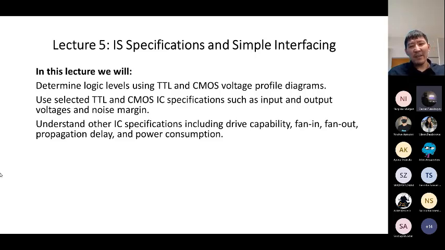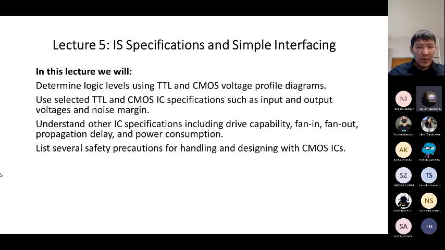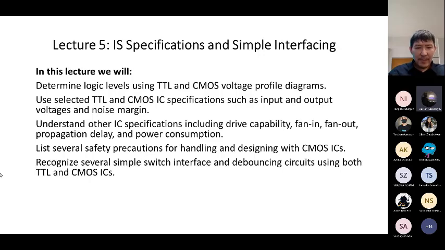It means how much current it can take in and how much current it can deliver. So fan-in, fan-out, this kind of terminology. Propagation delay just means speed of operation, and power consumption, how much energy the integrated circuit consumes during its operation. Also, we list some safety precautions, but mostly you should read them in chapter 5. I will not cover this one, but when you read, you will find it.